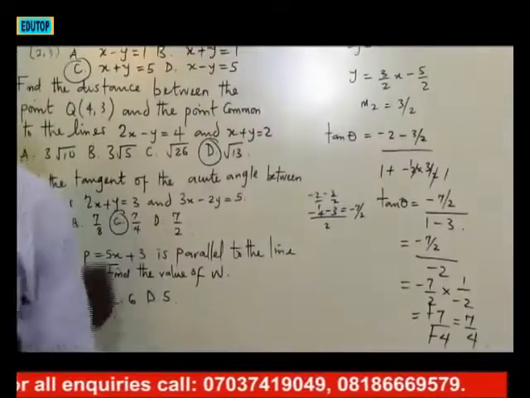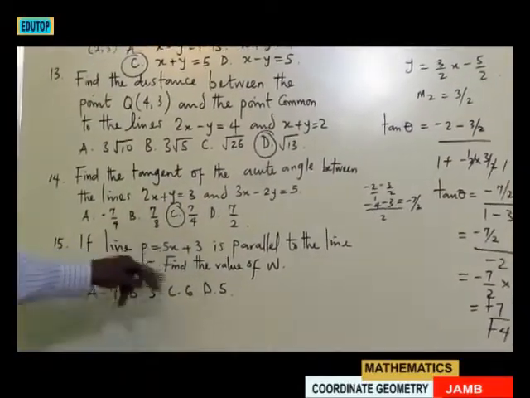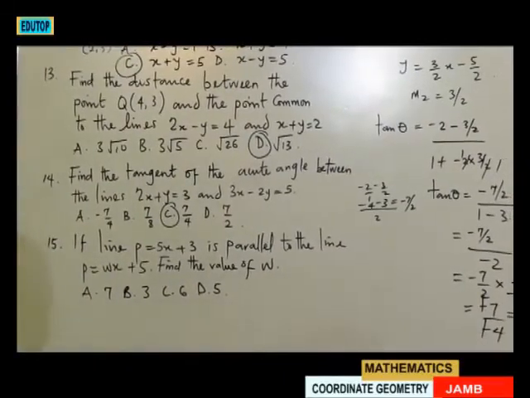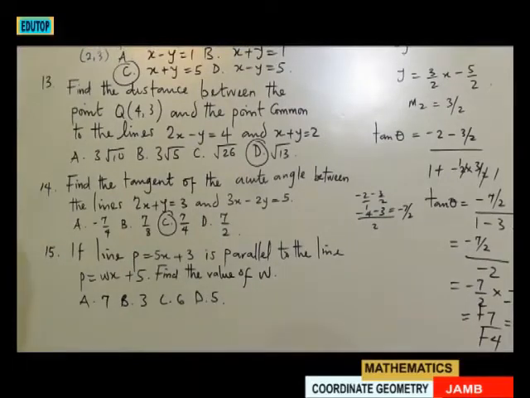Then the last one: if line y equals 5x plus 3 is parallel to the line y equals wx plus 5, find the value of w.